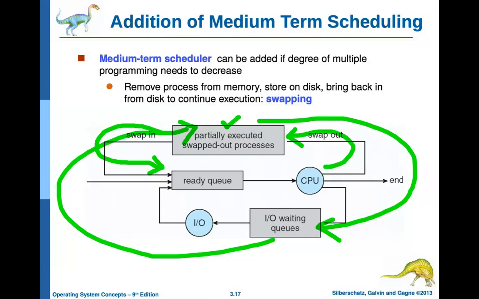Most of the time this is not selected, because what will happen if one process is waiting for some sort of interrupt to happen, and if that interrupt occurs, then there is more work for the medium term scheduler to check which process the interrupt is for, and if that process is not in the primary memory, then it has to be taken from the swap.